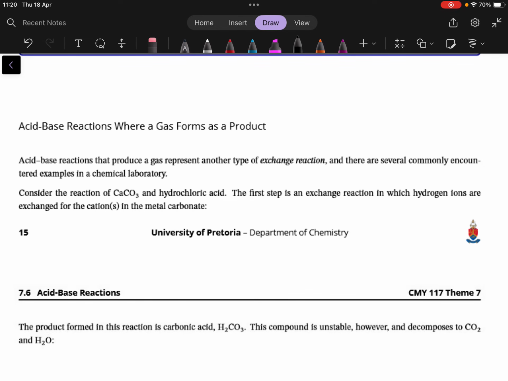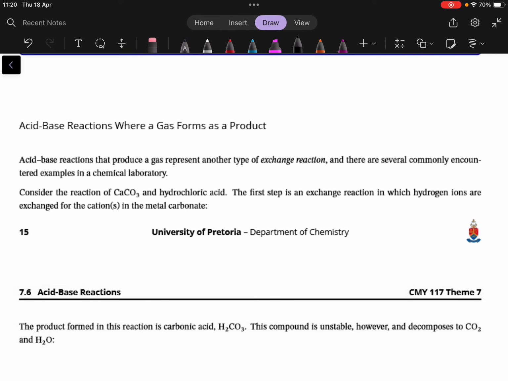Now, I've constantly hammered on the point that acid-base reactions need to have things in the same state. So both things need to be dissolved for the reaction to actually be able to take place. But there's a specific type of reaction whereby you're able to dissolve a solid metal carbonate or metal sulfate or metal something containing a metal in acid. And then by dissolving it in acid, you have byproducts that form.